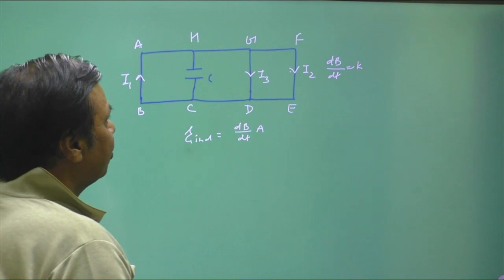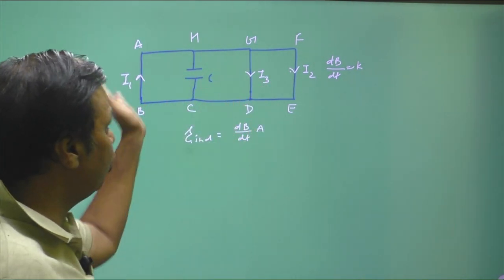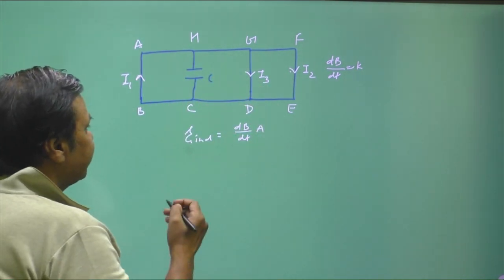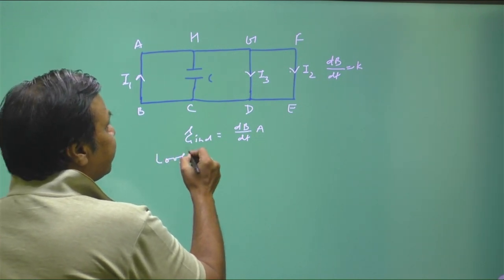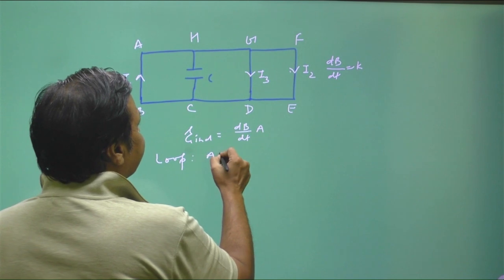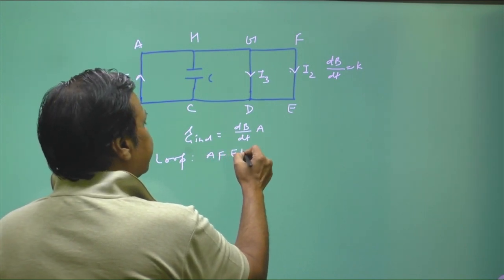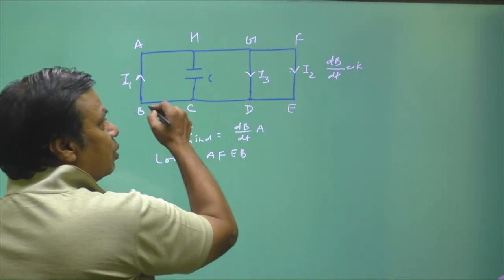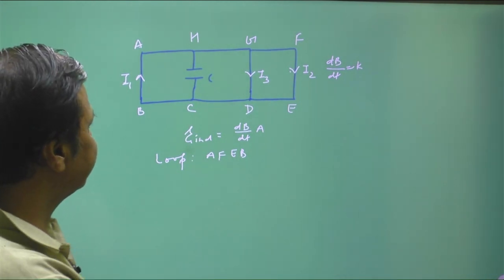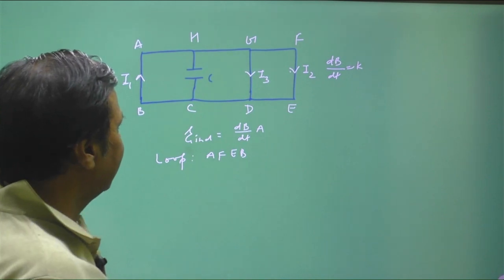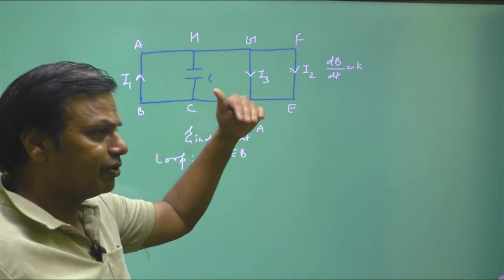So if I consider the whole loop, just to name it A, F, E, B, the whole loop, then the area will be 3A square, and the magnetic field is B everywhere.